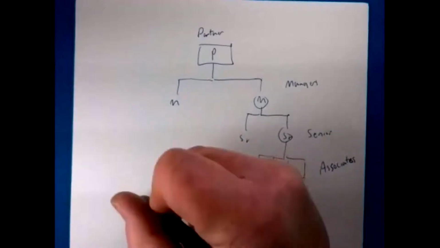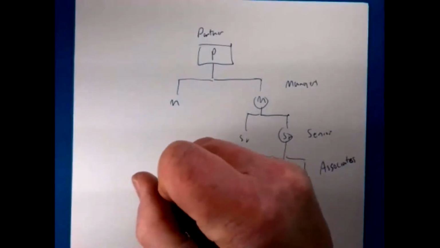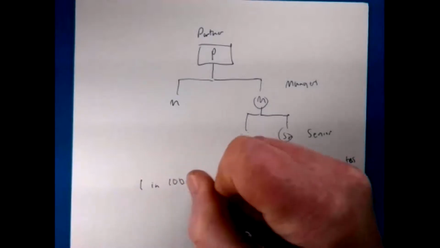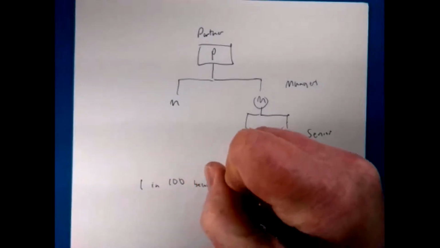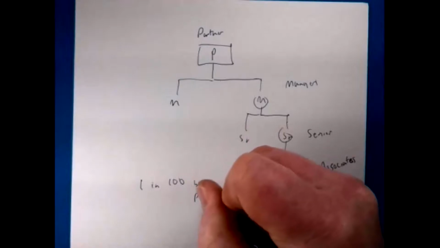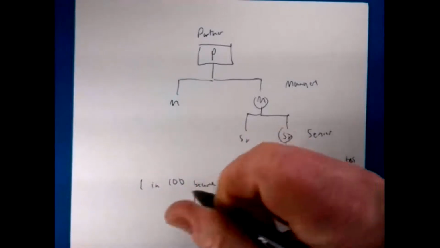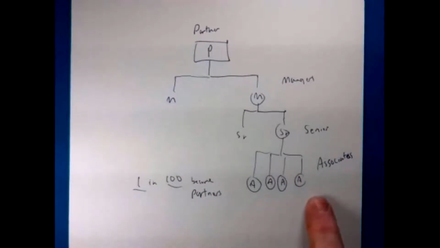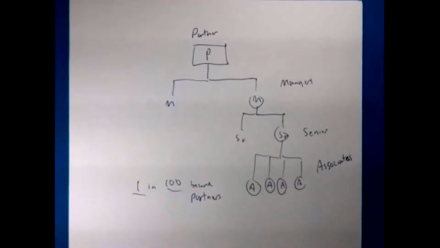It's something like 1 in 100 become partners. So you can't have these slots filled, because it's going to take a lot of people going through here to get one of those.